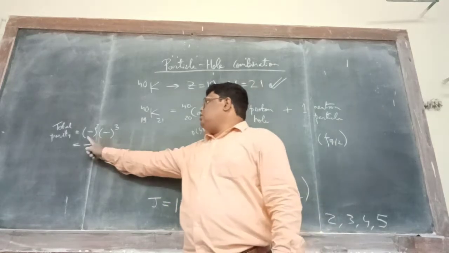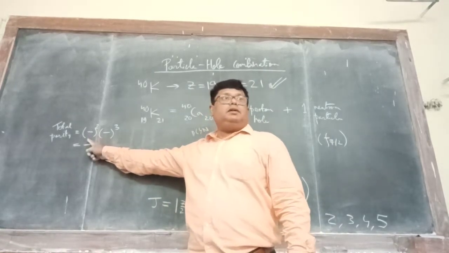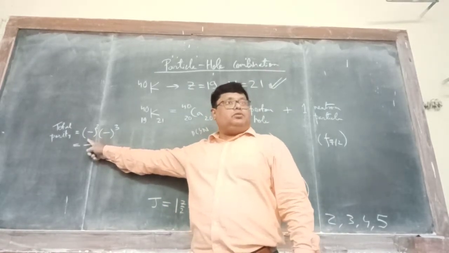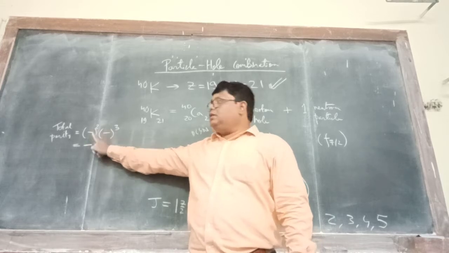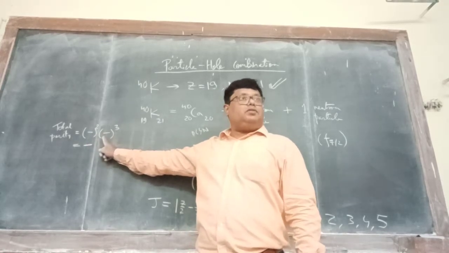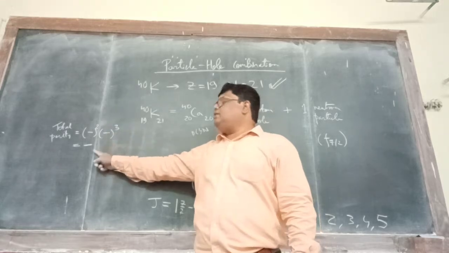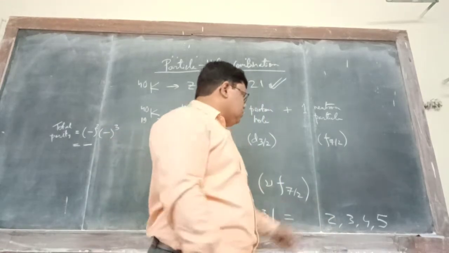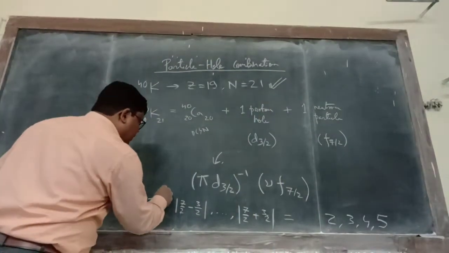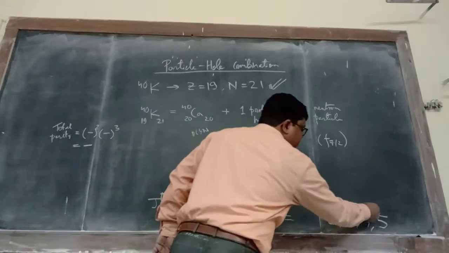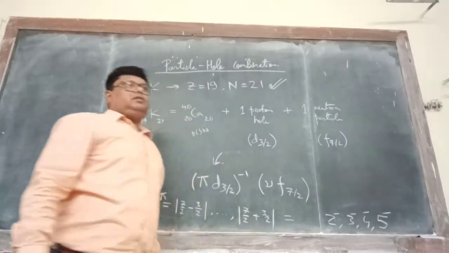So for the hole it will be d, L equal to 2, so minus to the power 2, and for f it is L equal to 3, minus to the power 3. Overall you will get a minus sign. So the total spin parity will be 2 minus, 3 minus, 4 minus, 5 minus.